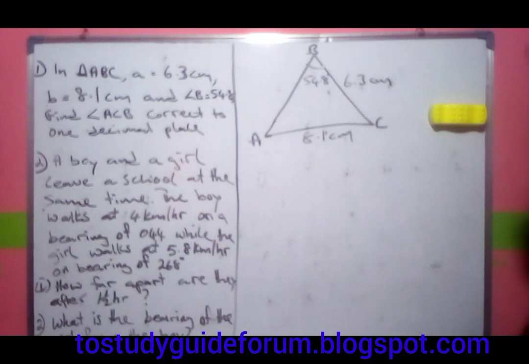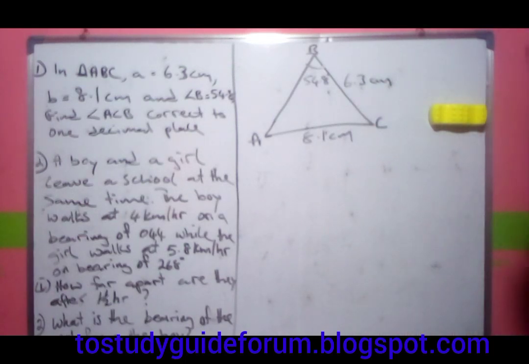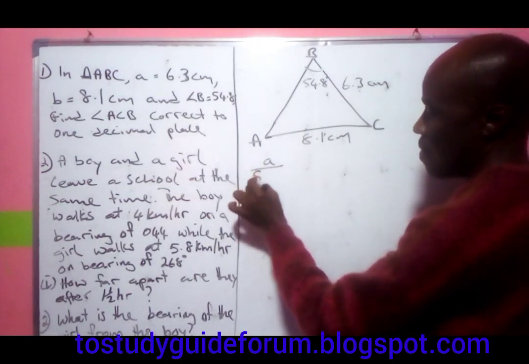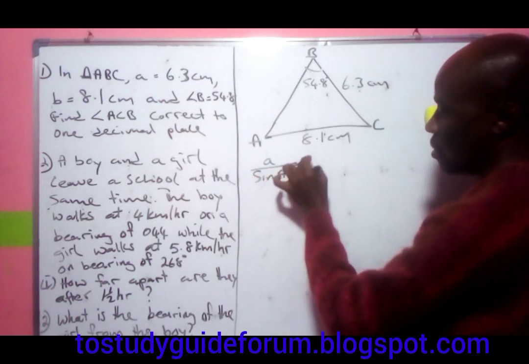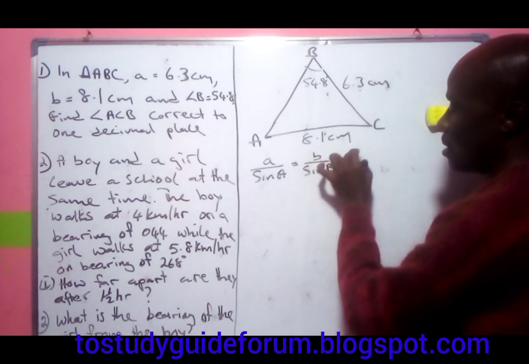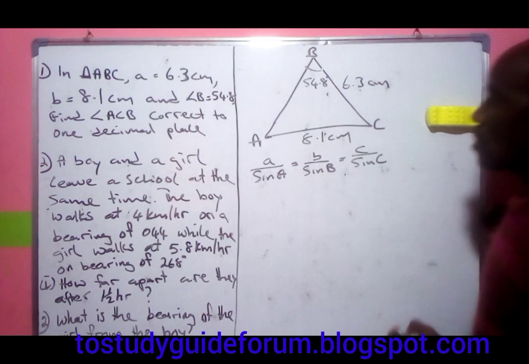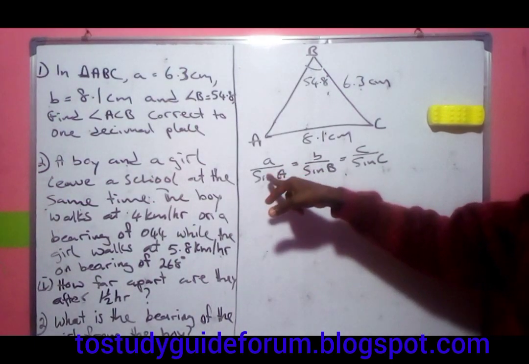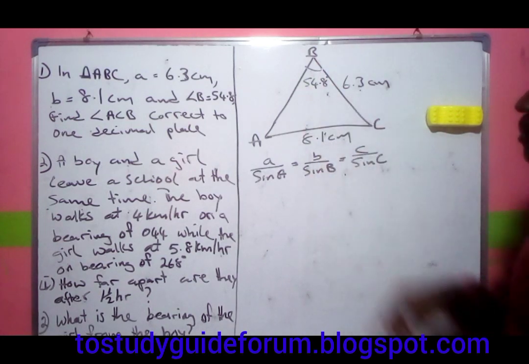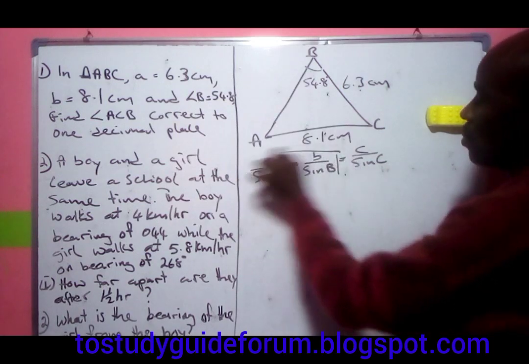Looking at this, we can apply the sine rule, which says a over sine A is equal to b over sine B. We have b and sine B, but we don't have sine A.